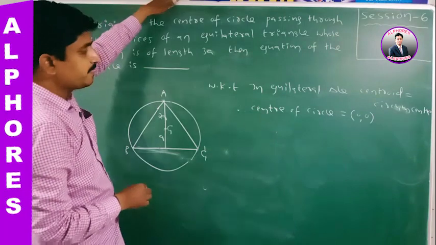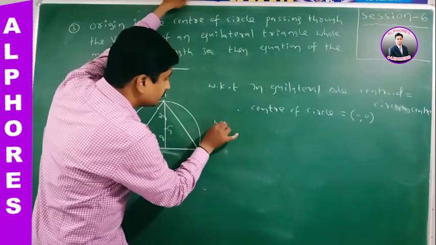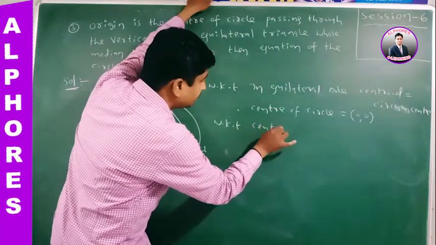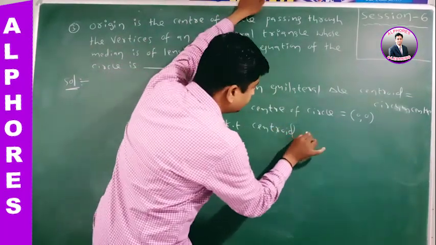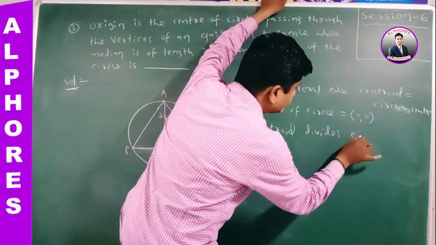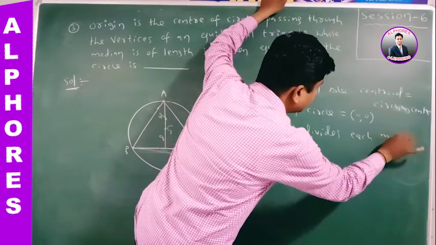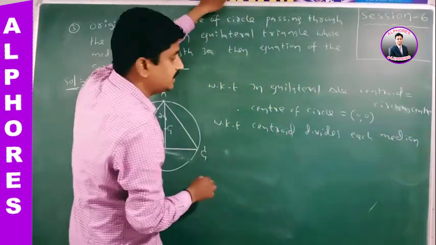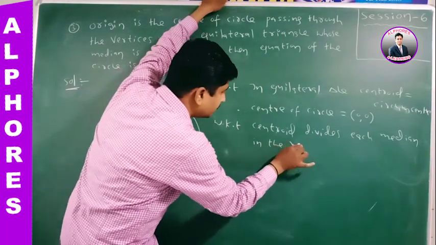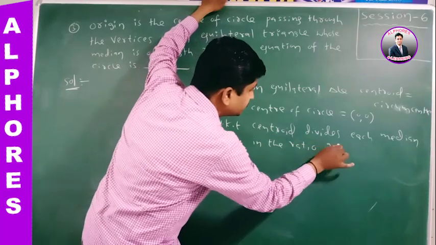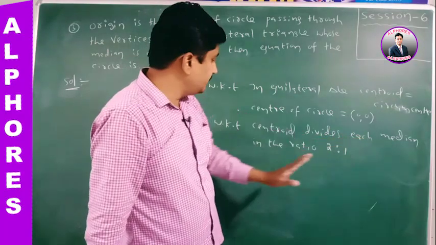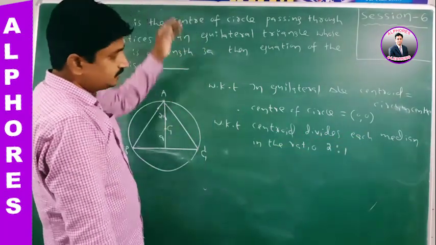Okay, next the radius. We know that the centroid divides each median in the ratio 2:1.